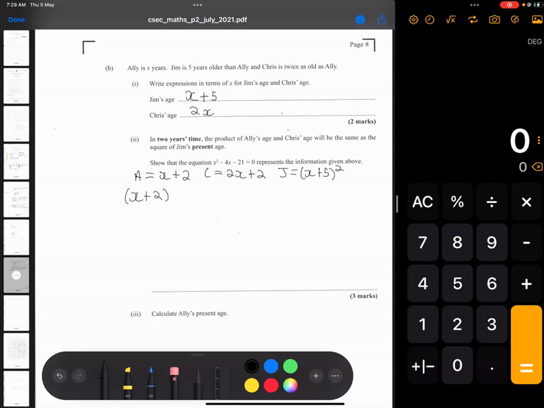So remember, it says the product of Ali's and Chris's age. So that's where we're using brackets to showcase that product, that these two ages are being multiplied. X plus 2 being multiplied by 2x plus 2. And then they're both equal to the square of Jim's age, which is x plus 5 squared.